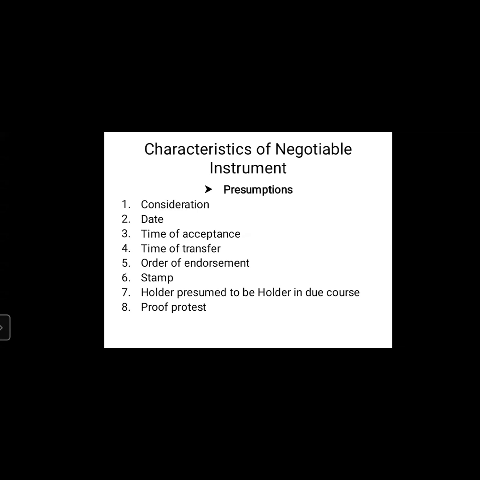First condition was if there is violation or breach of contract of marriage, and the second condition was if a banker dishonors your valid check without any valid reason, then you have a right that not only can you file a suit for damages, but the court can also give punishment to the person. It can be the bank manager, it can be the cashier, the person who is responsible for dishonoring the valid check. So that is called proof protest.